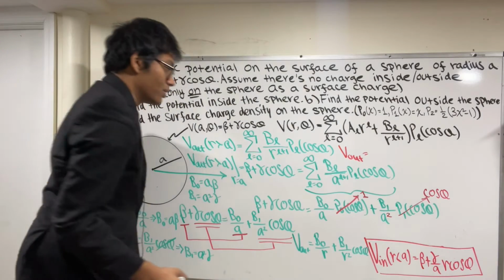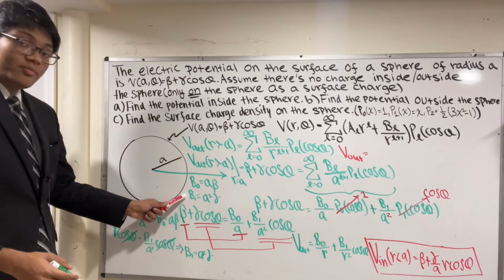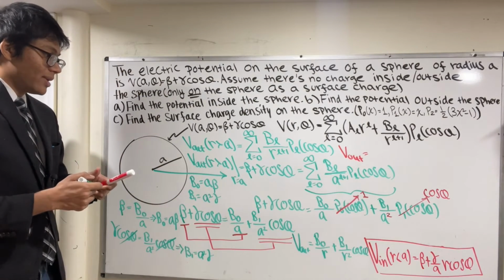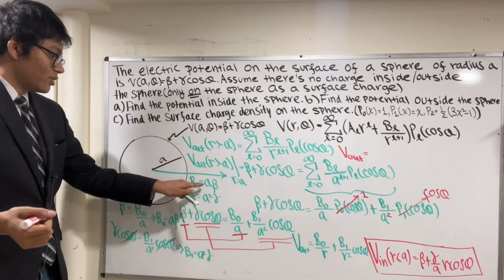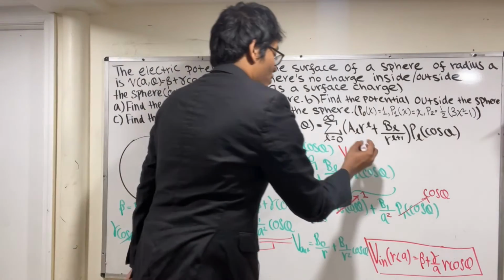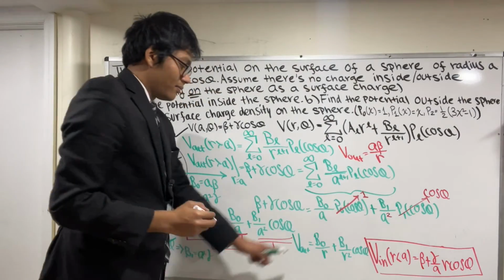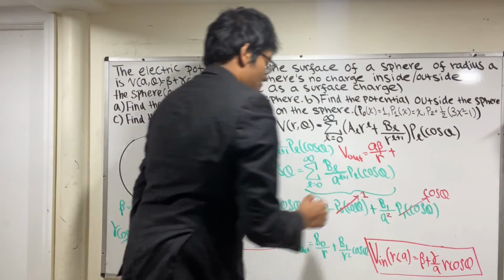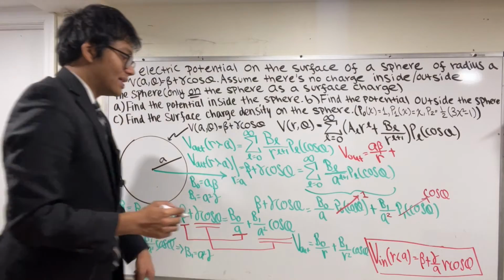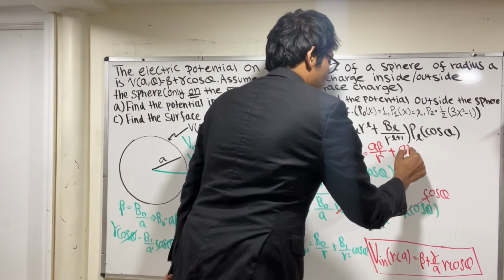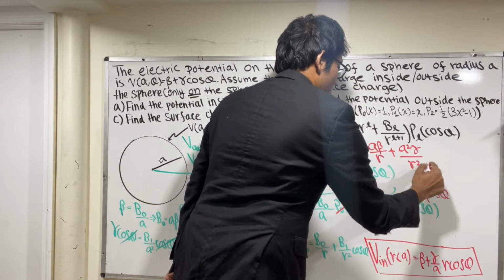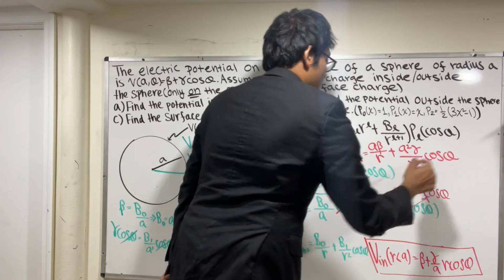Monopole, dipole. I know what B sub 0 is, I know what B sub 1 is. Now it's just a matter of plugging things in. So I'm going to have A beta over R, plus B sub 1 is A squared gamma over R squared cosine theta.